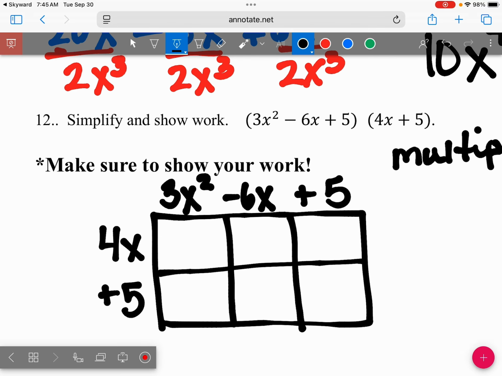So in the first square, I have 4x times 3x squared. That would be 12. And now you're adding your powers. So how many x's do I have in this square? 3, yep.